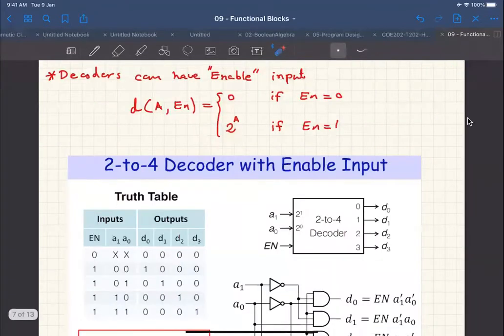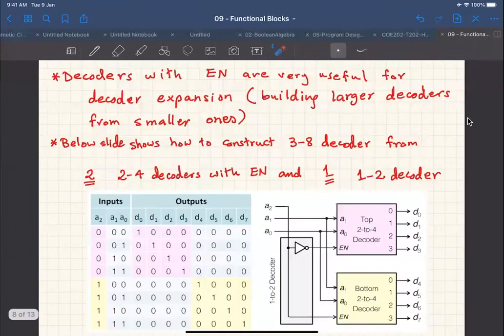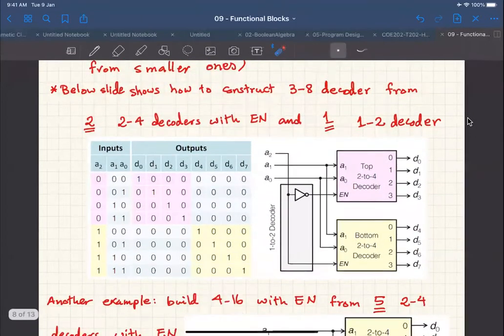Then we discussed decoders with enable. The beauty of these decoders is that they help us in the decoder expansion problem, or in building larger decoders using smaller decoders. We showed how to implement a 3 to 8 decoder using 2 to 4 decoders with an inverter.